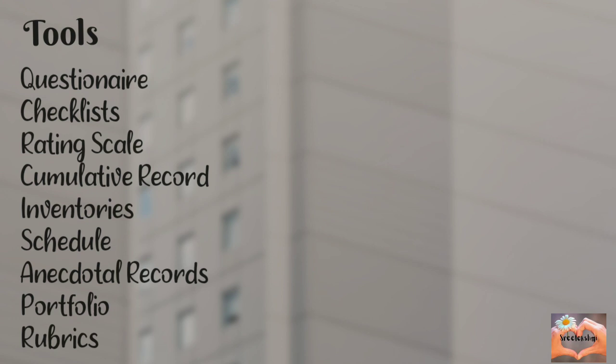Now coming to the checklist. Checklist is a very simple tool of evaluation. It is easy to make, easy to use, and it can be constructed to cover various aspects of an individual's behavioral adjustment.